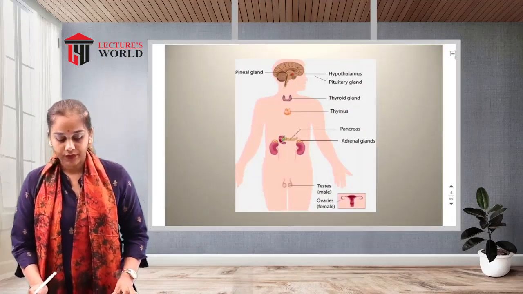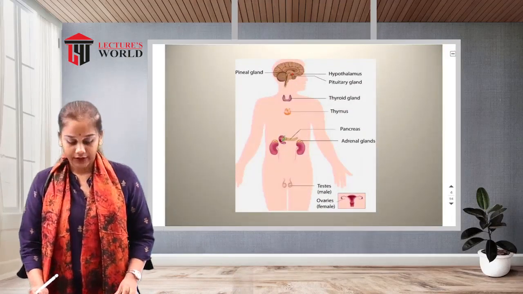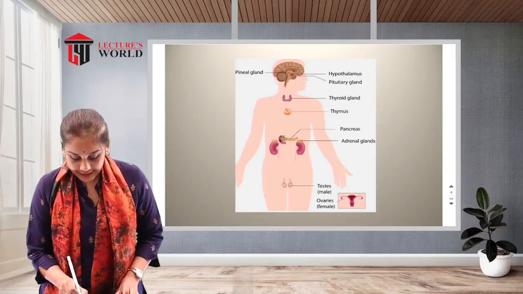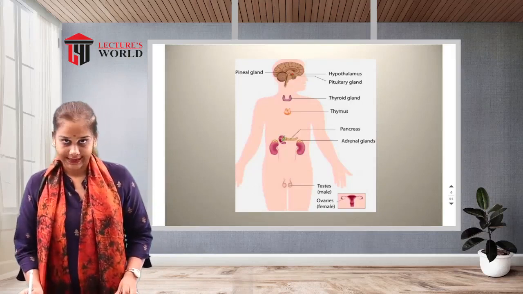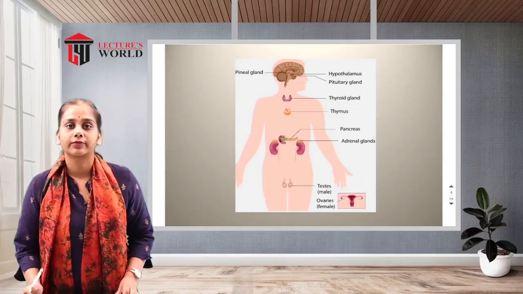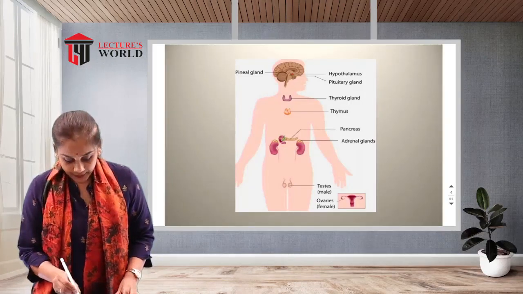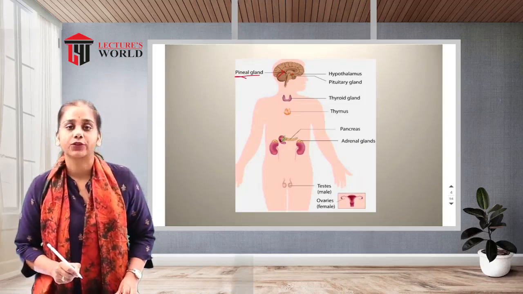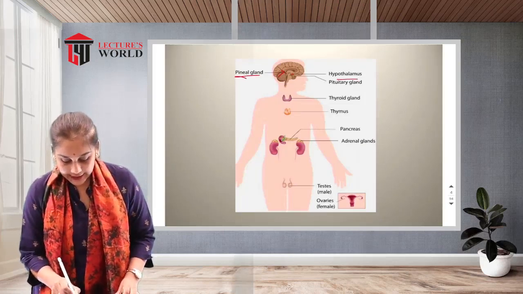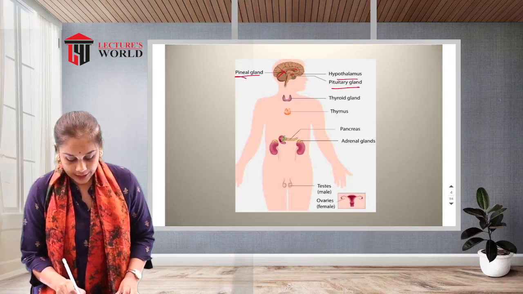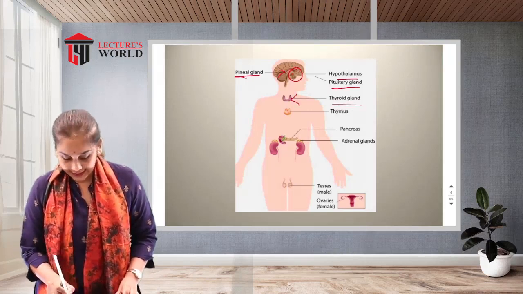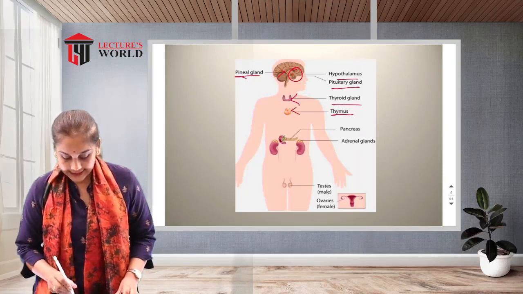This is the figure of the glands. As we have seen in the previous slide, there are different glands in the endocrine system, and they regulate the hormones in the body. First is the pineal gland, located in the brain. Then the hypothalamus and pituitary gland in the brain. Then the thyroid gland in the throat. Then the thymus gland.